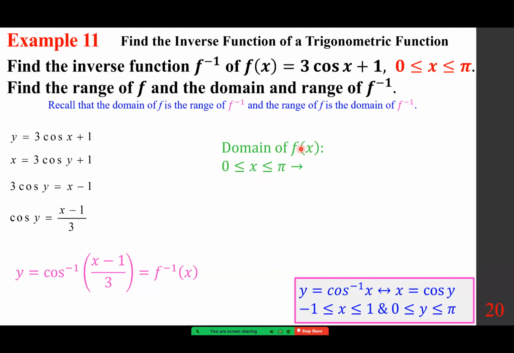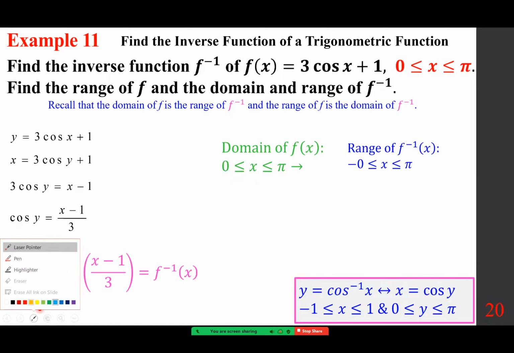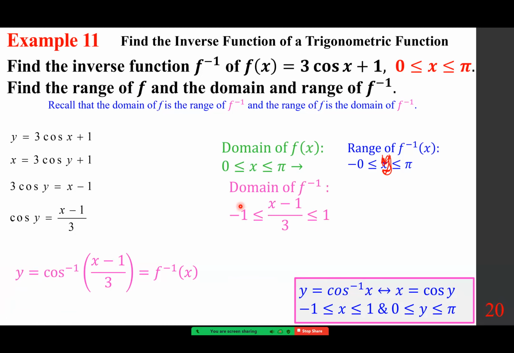If this is the domain for f, this is also the range for f inverse. y is between 0 and pi. The domain of f inverse is between -1 and 1.